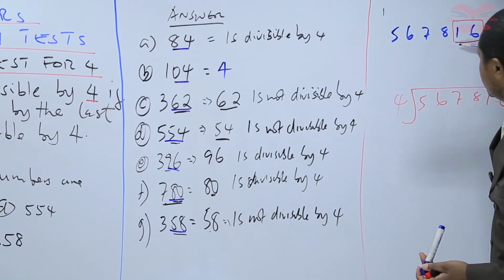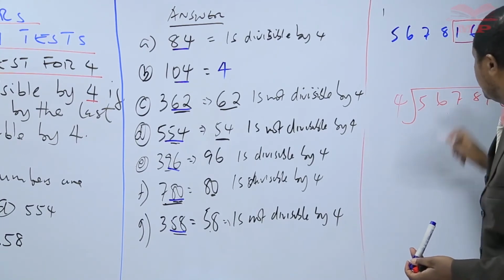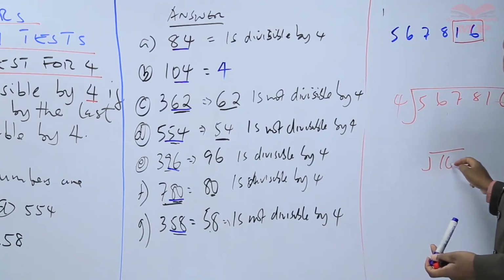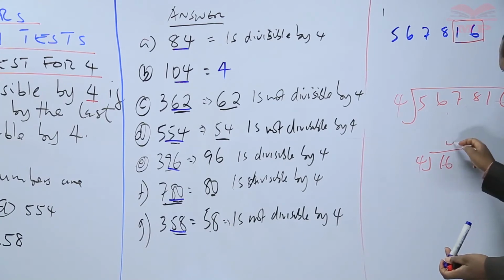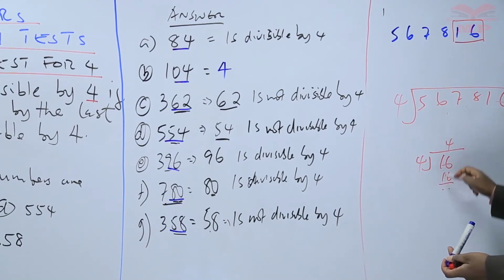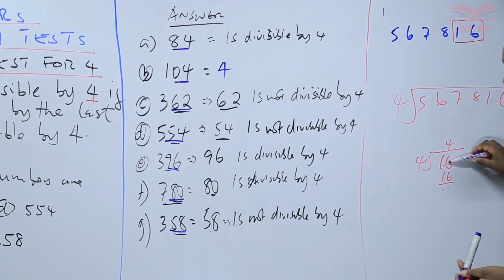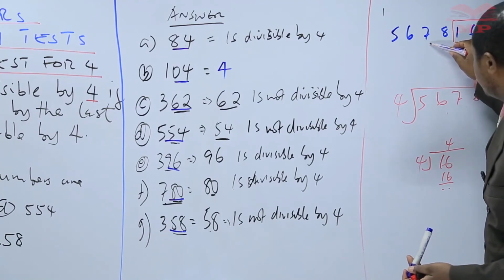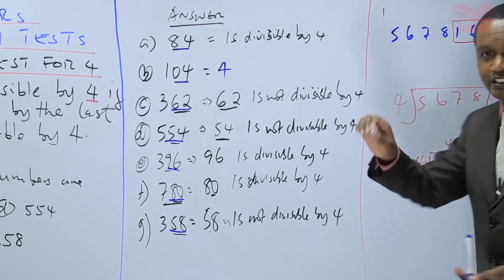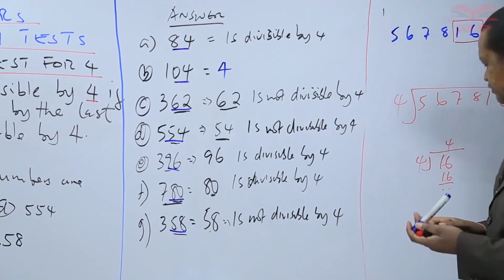So you only test number 16, to see if it is divisible by 4. 4 goes into 16 4 times. So after testing with only the last 2 digits, you can now say 567,816 is divisible by 4.